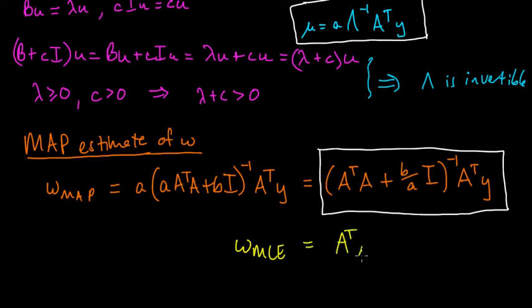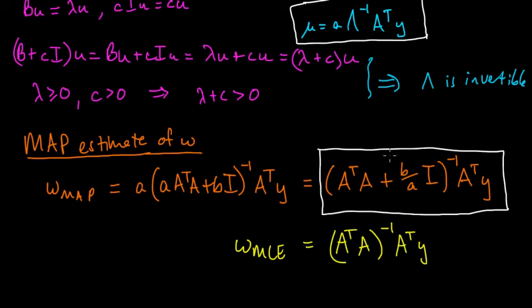The MLE was (A transpose A) inverse times A transpose Y. If you compare these two, it's easy to see that the only difference is in the MAP: before taking the inverse, we add B over A times the identity matrix.